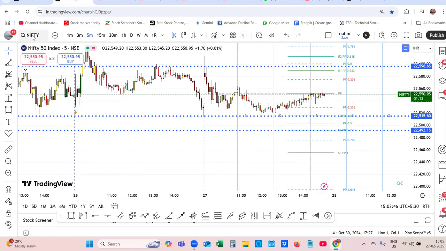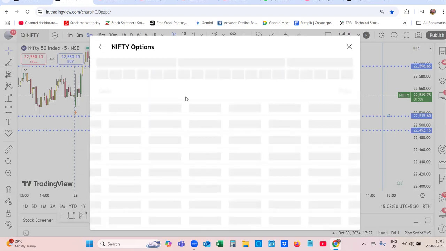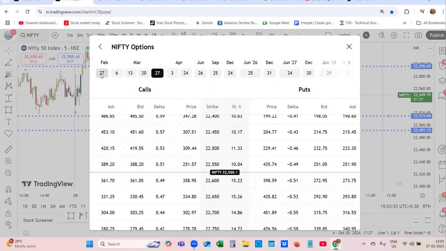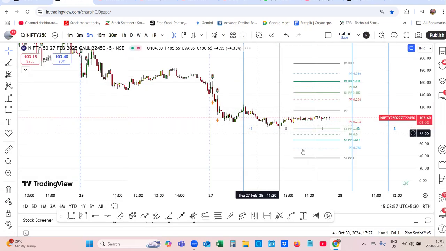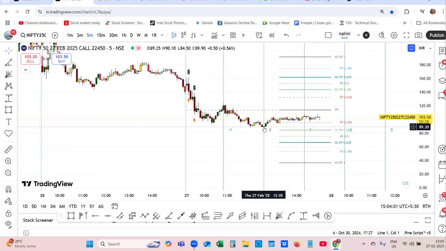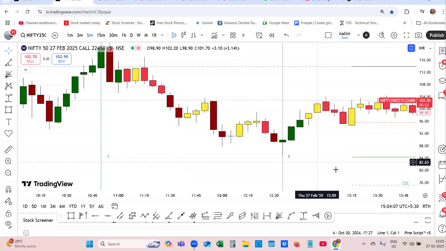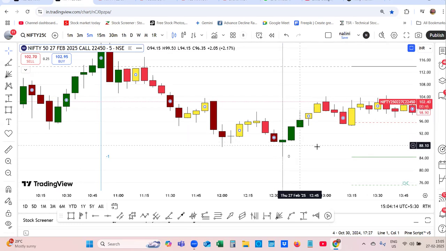So let me go and check the 22,450 call option for you people to notice. That is the 27th February, 22,450 call option. I remember this, let me zoom it out. The low of this candle was 84.50.